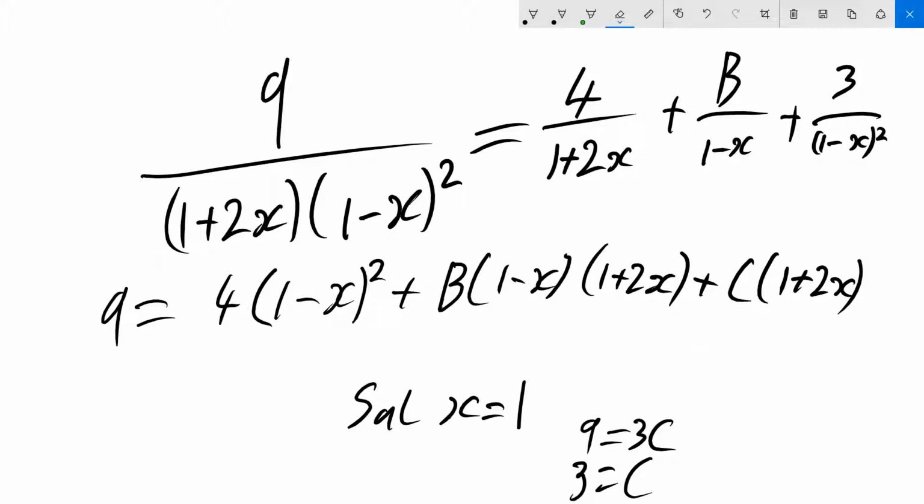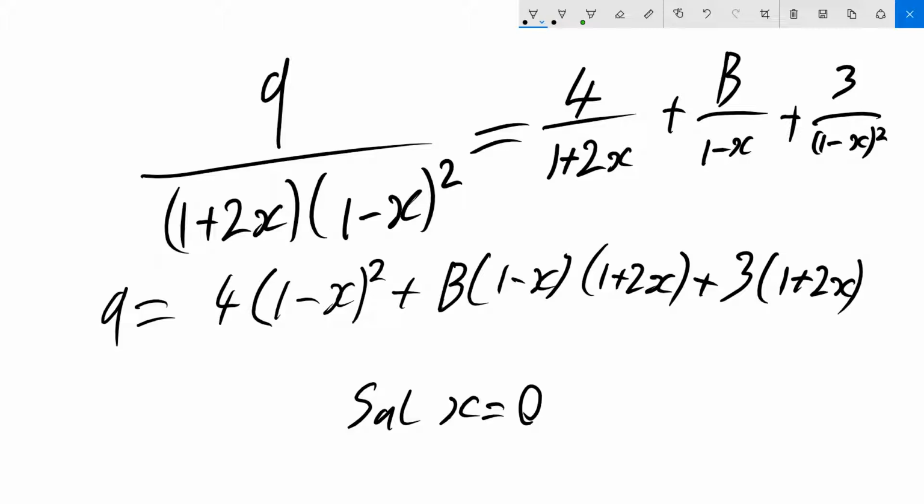And now we're going to sub x equals 0, so we can work out what b is. So x now equals 0.